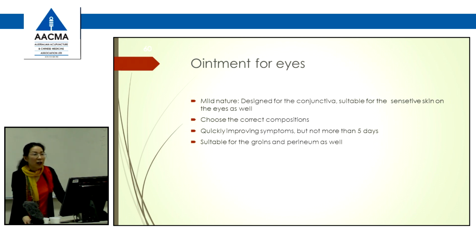You have to tell the patients that if the problem is solved in 3 days, don't use it anymore. If 3 days is not enough, use 5 days. If 5 days is not enough, please stop, and then after 8 days you can use it again. So the principle is very important for steroids.